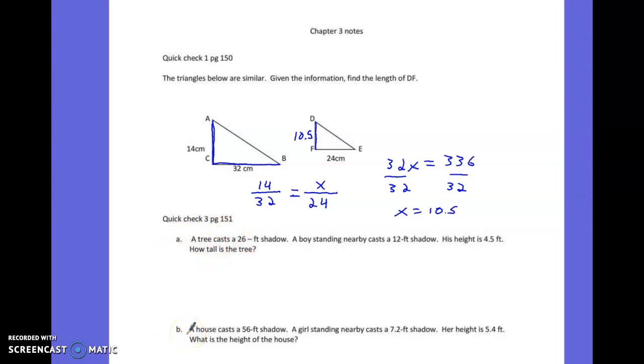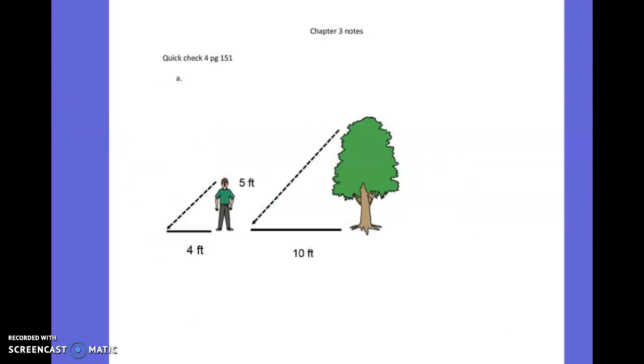I am going to jump ahead to the next page now and show how this type of problem works. We were talking about shadows the other day and measuring the height of something really tall, if the sun's coming at the correct angle, casting a shadow. Here's our sun, a yellow sun.